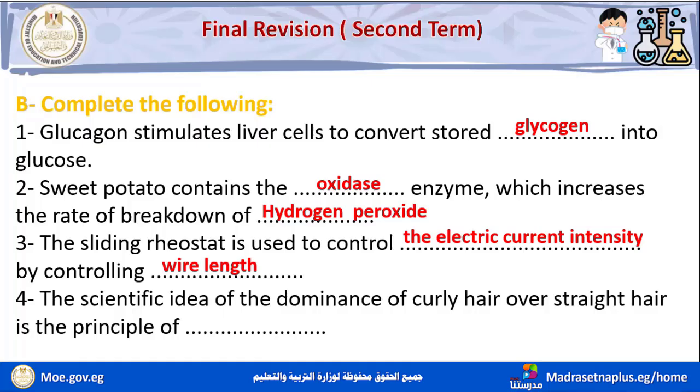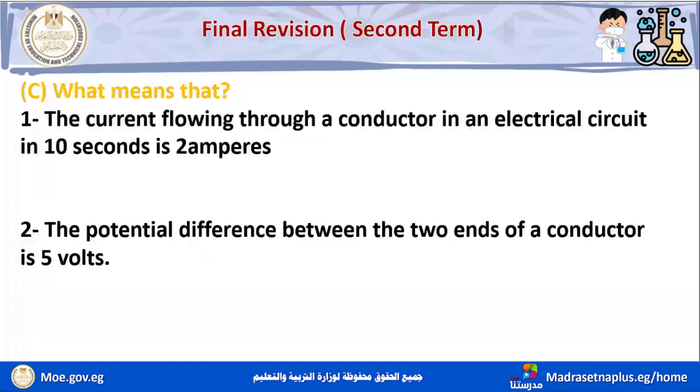Number 4, the scientific idea of the dominance of curly hair over straight hair is the principle of complete dominance. Letter C, what means that?